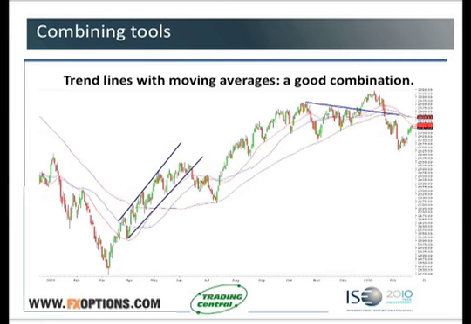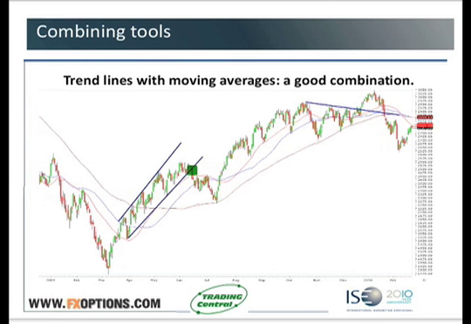So you have a clear bullish channel, but we have a downside breakout during June 2009. For me, just the downside breakout is not sufficient to take a short position.